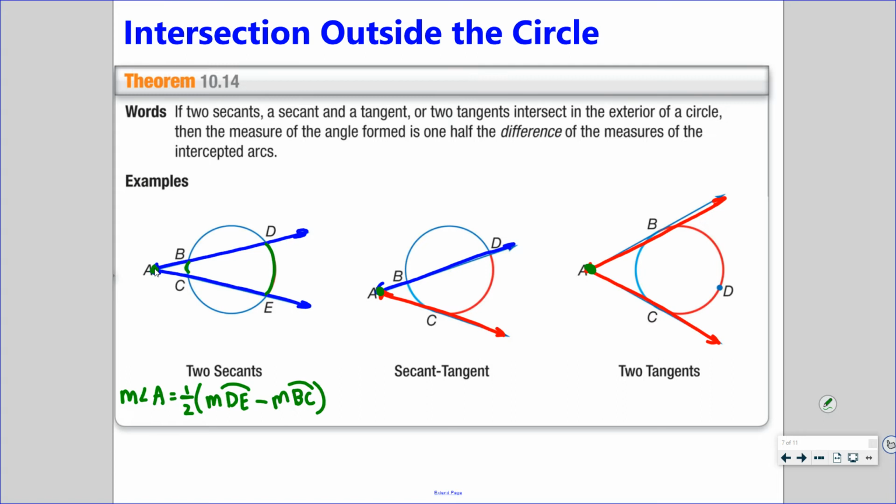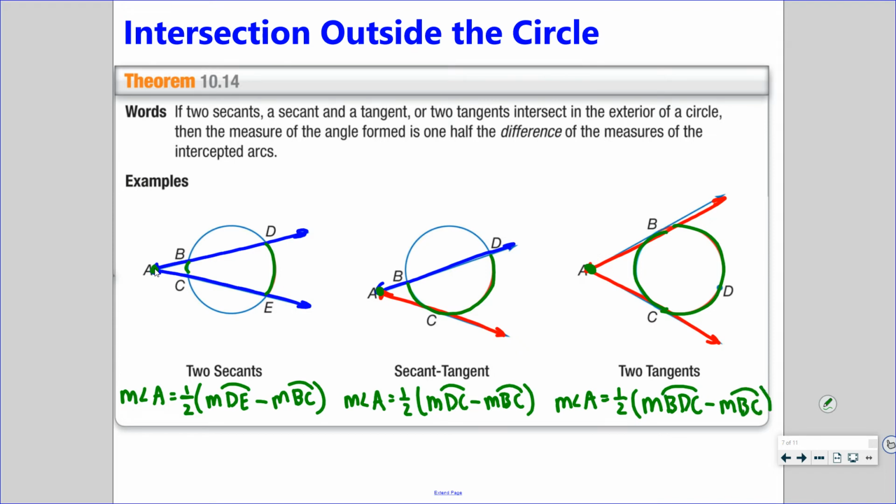Even if you have a secant and tangent, this would still be 1/2 the measure of arc DC minus, so big arc minus little arc, measure of arc BC. Okay, and even if we have two tangents, 1/2 the difference of the big arc, BDC, minus little arc, measure of arc BC.